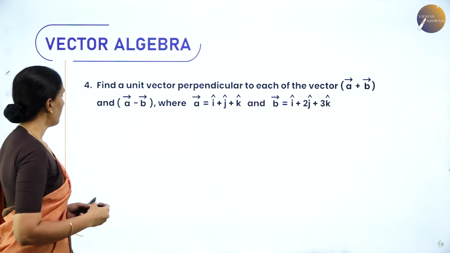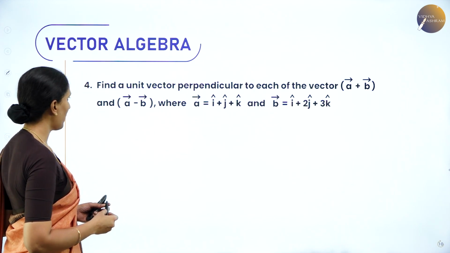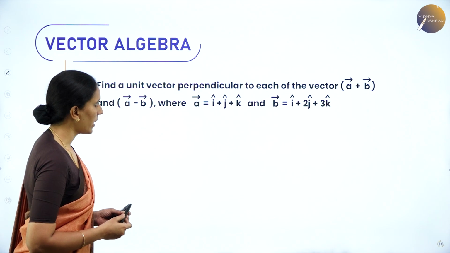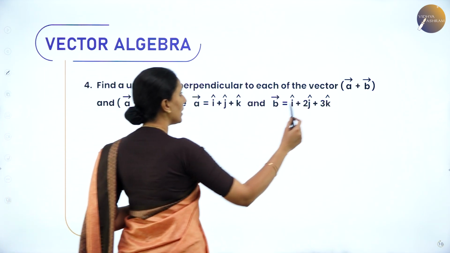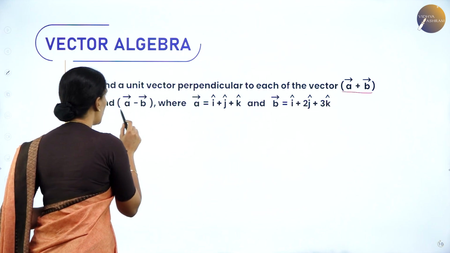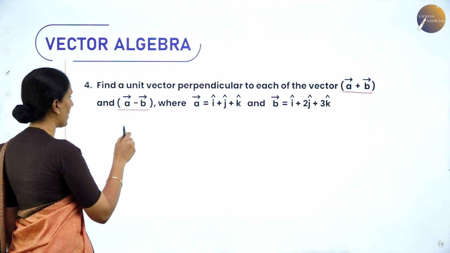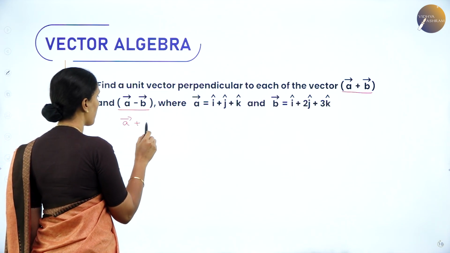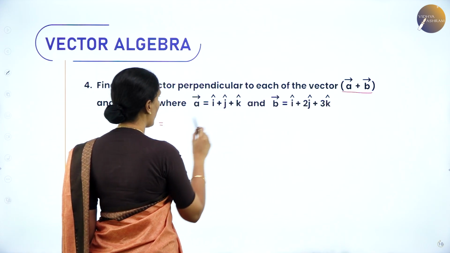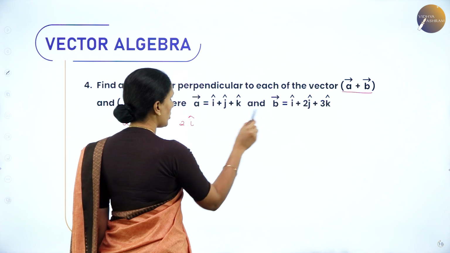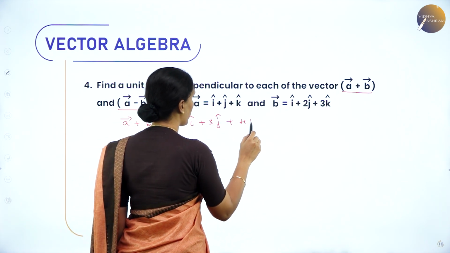Next question is, find a unit vector perpendicular to each of the vectors A plus B and A minus B, where A is i plus j plus k and B is i plus 2j plus 3k. So first let us find out what is vector A plus B. Vector A plus B is (1 plus 1) 2i, (j plus 2j) 3j, (k plus 3k) 4k.